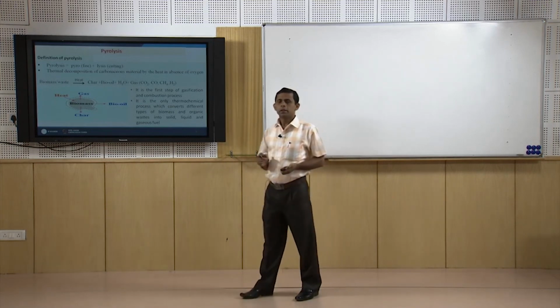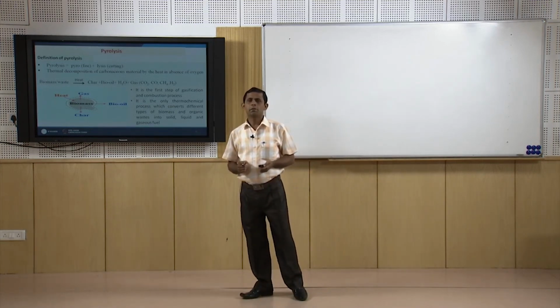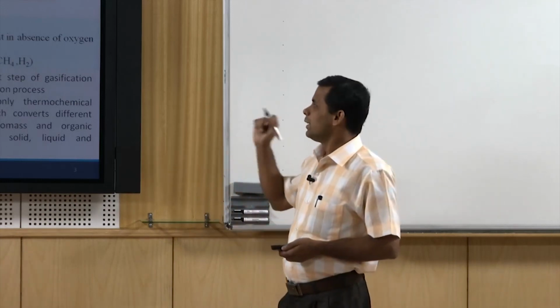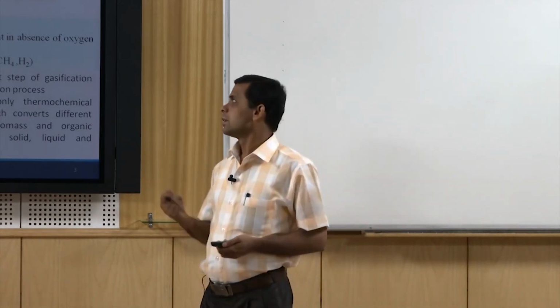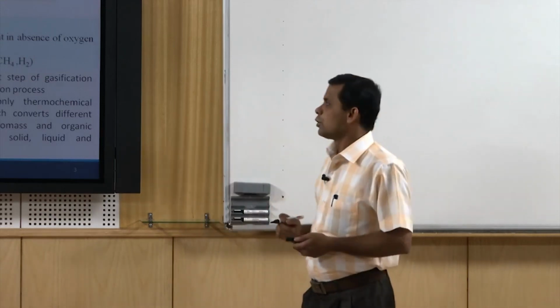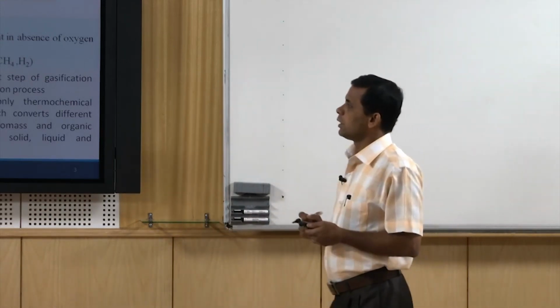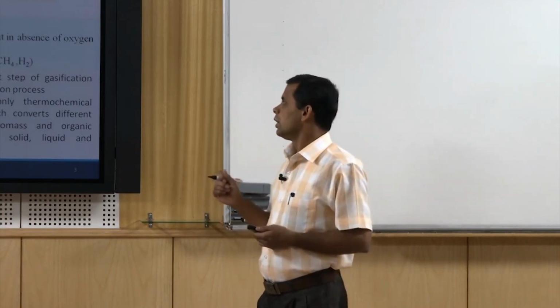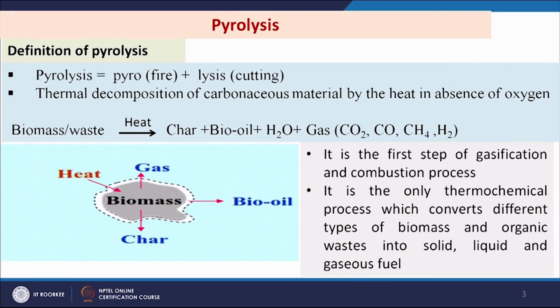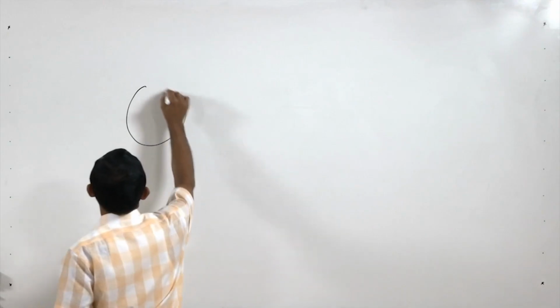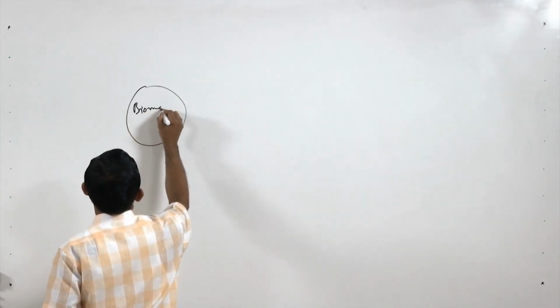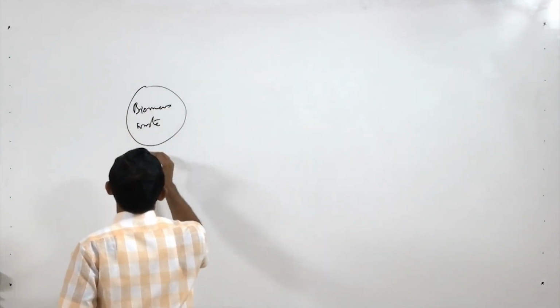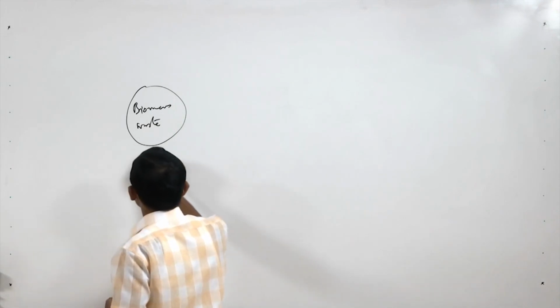Pyrolysis, the word itself gives some idea about it. Pyro means fire, lysis means cutting. So, this is a thermal decomposition process which decomposes carbonaceous material by the application of heat in the absence of oxygen. So, if we have some biomass and waste or any carbonaceous feedstock, we simply apply heat.